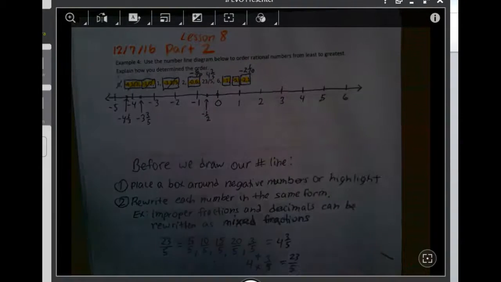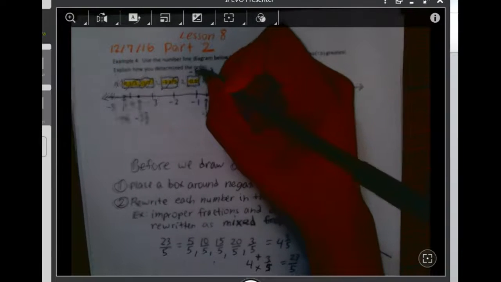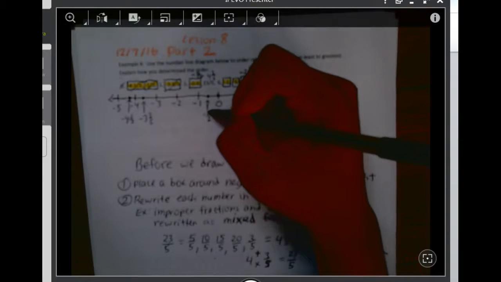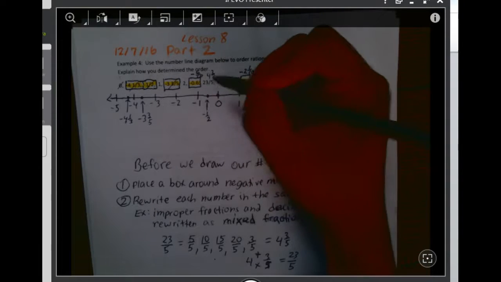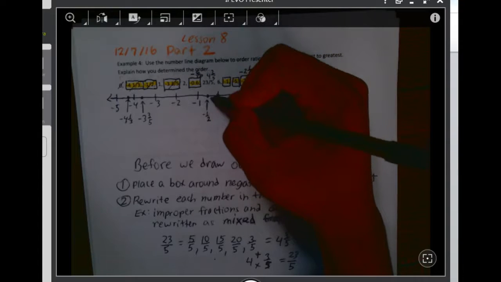Let's move on to negative 0.6, which we rewrote as negative 6/10. When you think about it, we've already plotted negative 1/2. I know that 1/2 is halfway between 0 and negative 1. And another way that I can express 1/2 is 5/10.